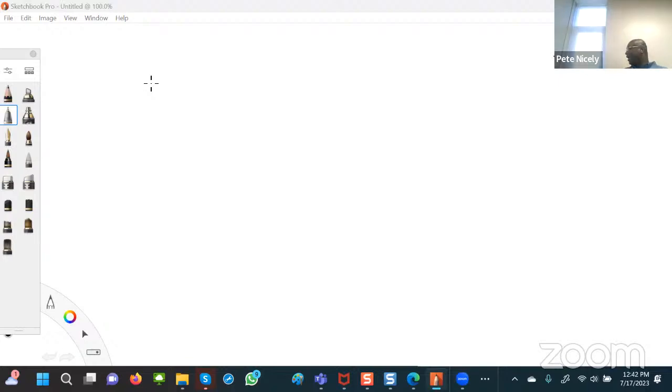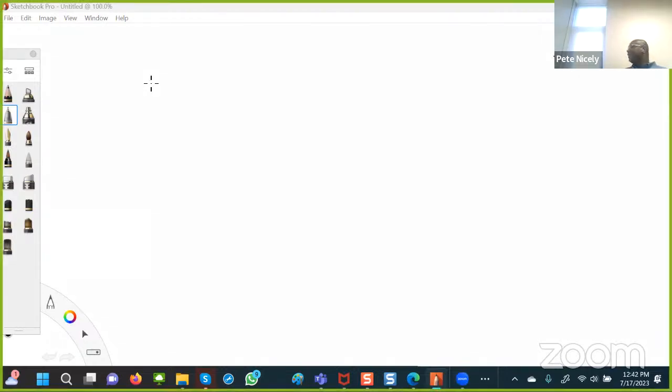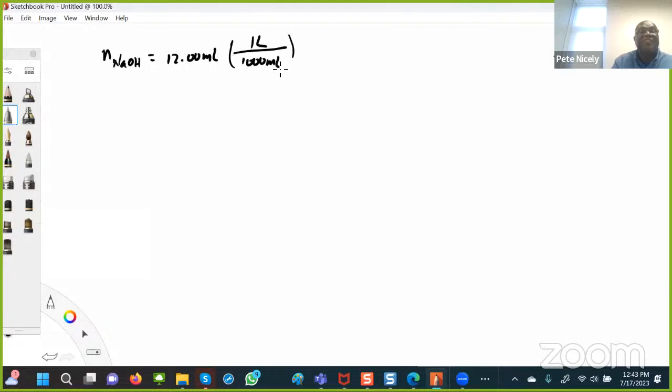The first thing I would do is find the number of moles of the sodium hydroxide and the benzoic acid in each case. So the number of moles of sodium hydroxide is equal to the volume, which is 12.0 mL, multiplied by this conversion factor to convert it from milliliters to liters, and then I'll multiply by the molarity.